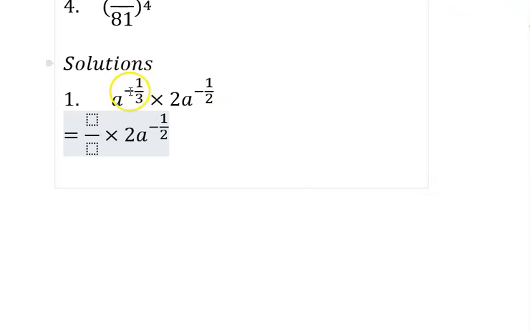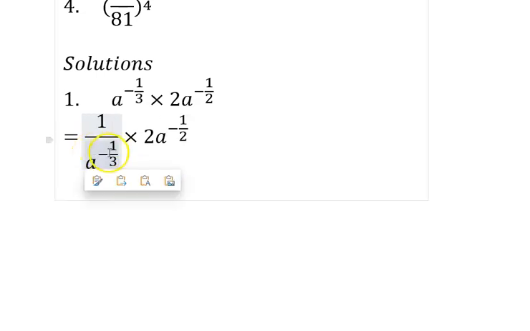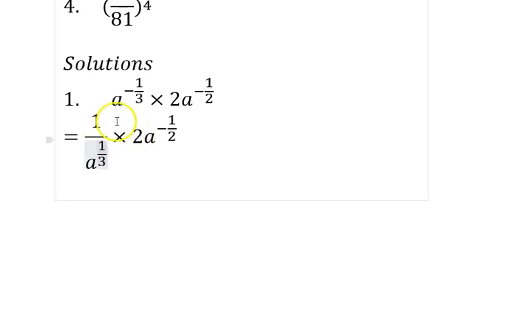So this negative power simply means 1 over, now a raised to power 1 over 3. That's what we have here. So this negative has gone. We've been able to iron out this, applying one of the laws.